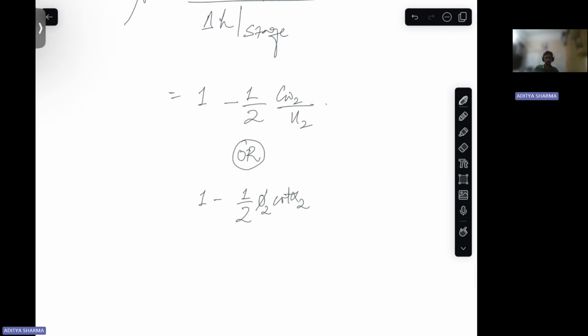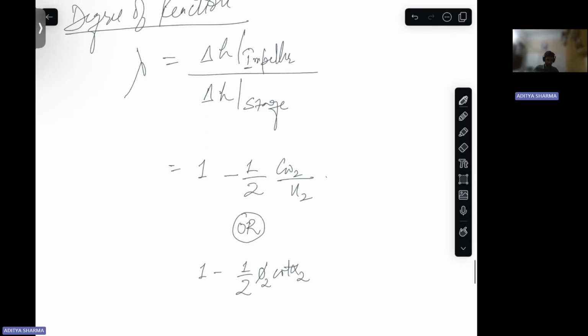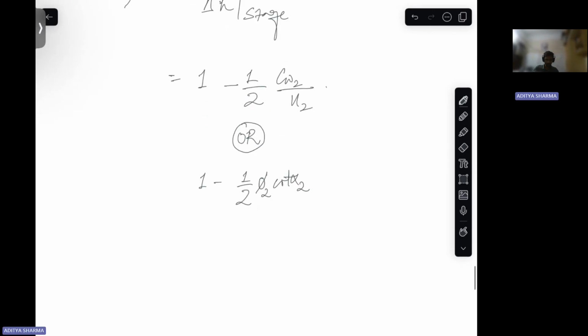So these are two expressions for your degree of reaction. Phi is your flow coefficient, which is CR2 by U2, and alpha is your fluid angle, between your absolute velocity C2 and U. So this is about your lecture number 27 for your centrifugal compressors.